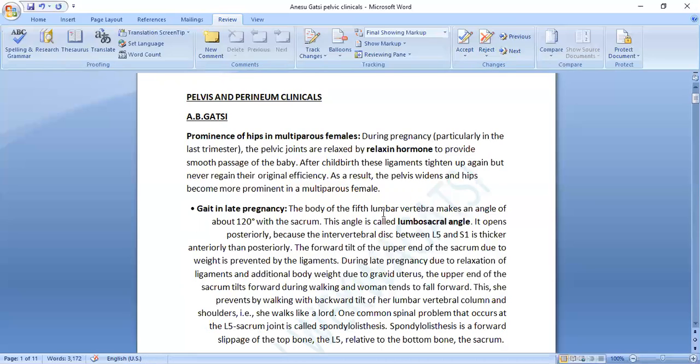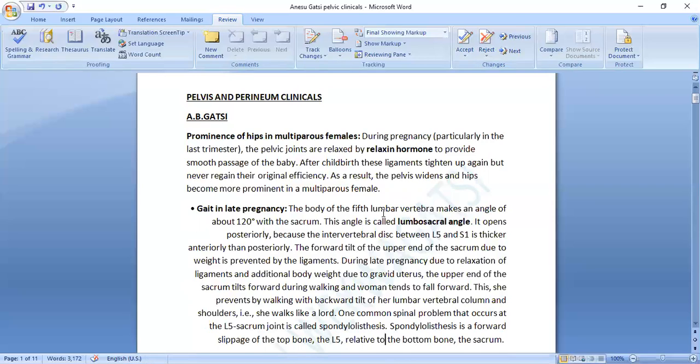So normally the forward tilt of the upper end of the sacrum as a result of weight is prevented by the ligaments. So remember that the sacrum is now sort of carrying the entire spinal weight. So this forward tilt of the sacrum is prevented by the ligaments. So then in late pregnancy, as I alluded to earlier on, we have relaxation of ligaments caused by relaxin hormone.